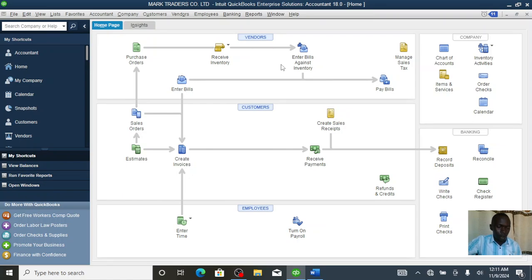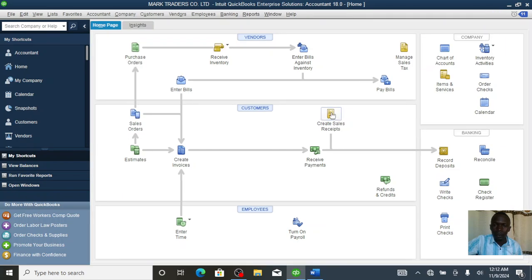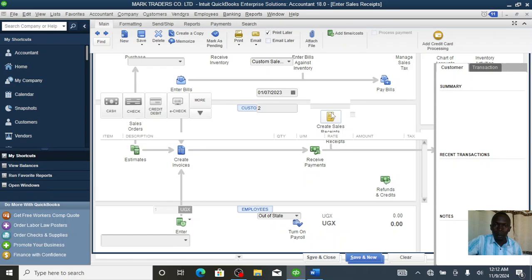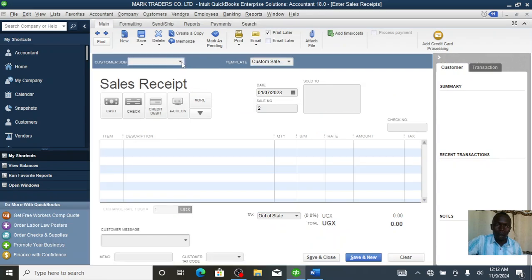Our next transaction is on 10th January, sold 10 liters of engine oil and serviced 5 generators. So this is a cash transaction. We go to create sales receipts. Sales receipts, serviced customer job.